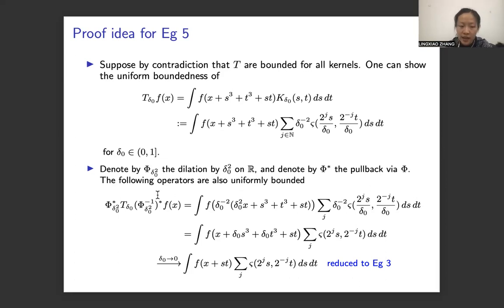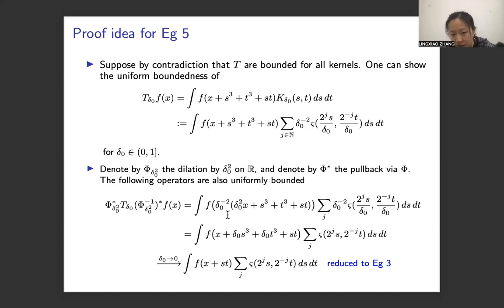Okay, and then it's not too hard to prove that if we conjugate these family of operators T delta naught by dilations, they are still uniformly bounded. So phi delta naught denotes dilation on R, and phi star denotes pullback. Now the conjugated dilation of T delta naught is equal to this.